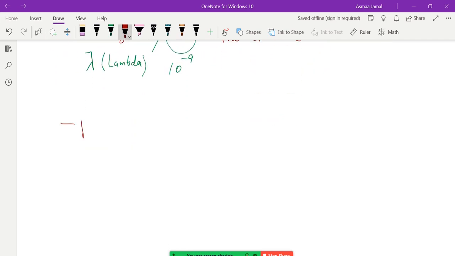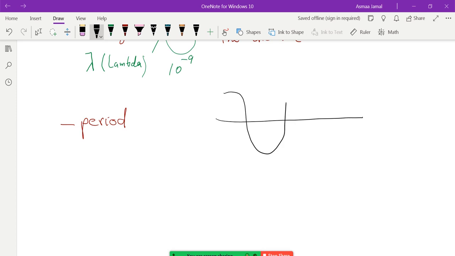We also have the period. The wave period is the measure of the time it takes for the wave cycle to complete. So it's the time that the wave needs to complete one cycle, and we measure it in seconds.